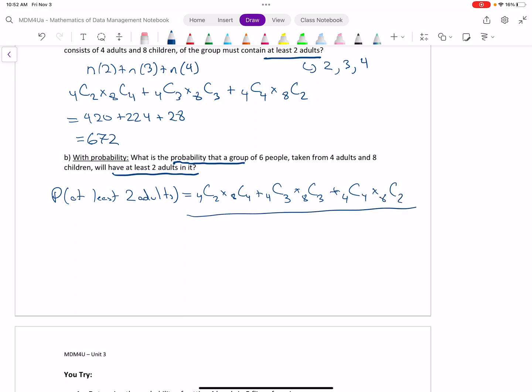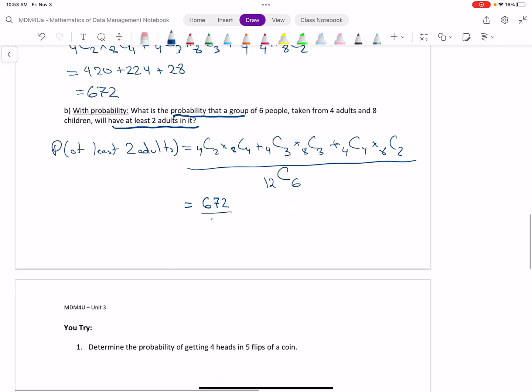The question here, what's my denominator? And again, it's the total number of the group size, so 12 choose the size of the group that we want, which is 6. So we just take these numbers, so I get 672. We already had the other one. What was it above? 924. And we get approximately 0.73, if we wanted it as a decimal.